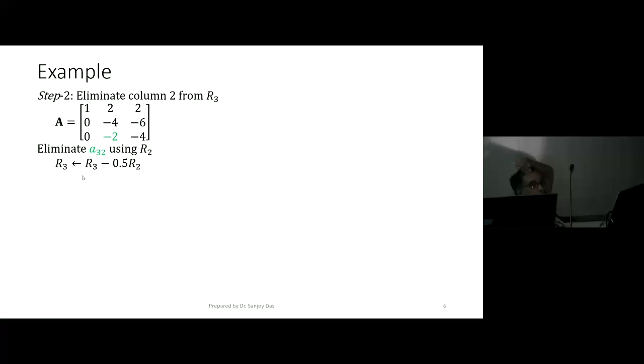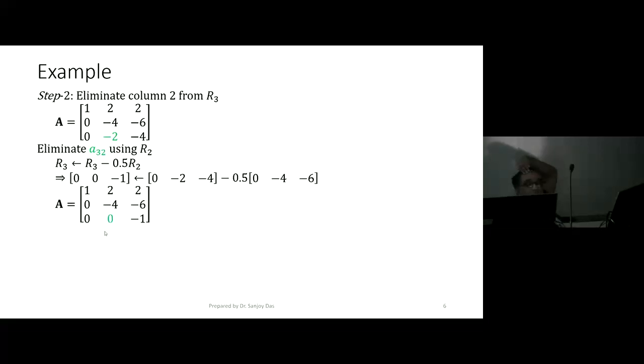So what should I do? This is -4, this is -2. If I multiply this with half and subtract it from row 3, then I would get my 0 here. So I do R3 equals R3 minus half R2. This is the operation, and my row 3 becomes 0, 0, -1. So this is now the new matrix A.